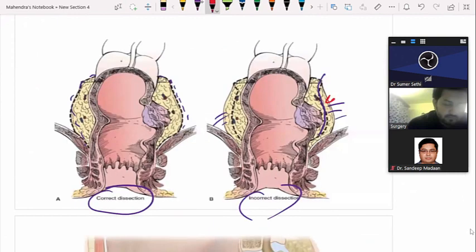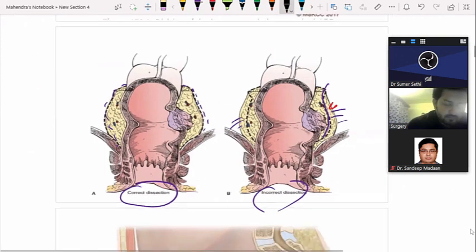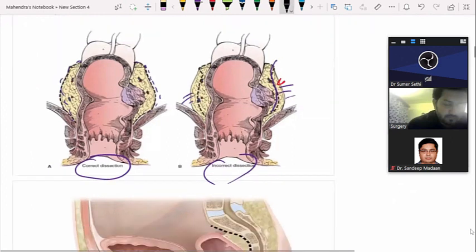This is when you do a transanal excision. You take out the tumor with full thickness, and after that you can take the suture and close the defect. You put this inside and dissect the tumor.